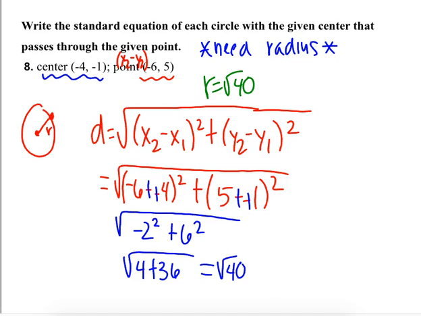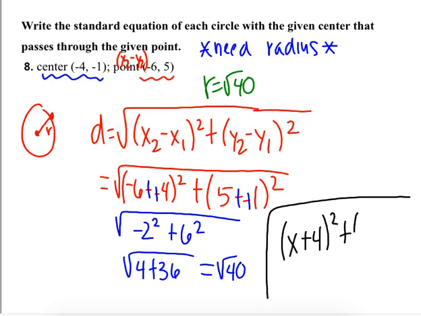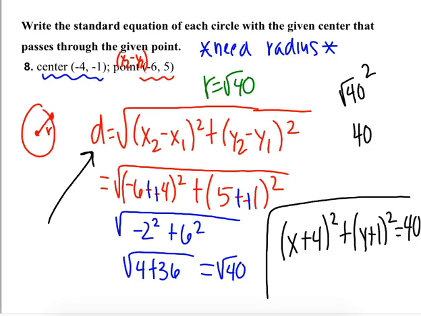So our equation, x minus our x coordinate, so minus 4 will be plus 4 squared, plus y minus -1, which is plus 1 squared, equals, okay, remember we square our radius. If I'm squaring square root 40, I really just end up with 40. So really all we had to do there was use the distance formula to get our radius.